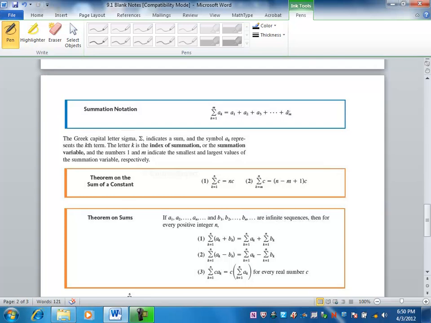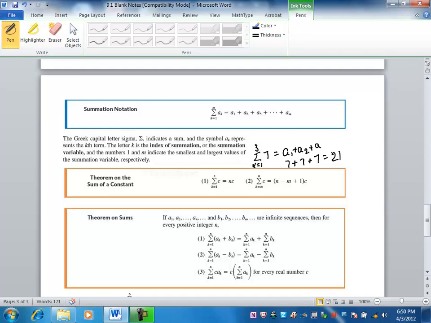We have some theorems here that say if you are summing a constant n times, so if I have the sum from k equal 1 to 3 of 7, a sub 1 plus a sub 2 plus a sub 3, this is 7 plus 7 plus 7, which is 21. Okay, and that's probably the easiest way.